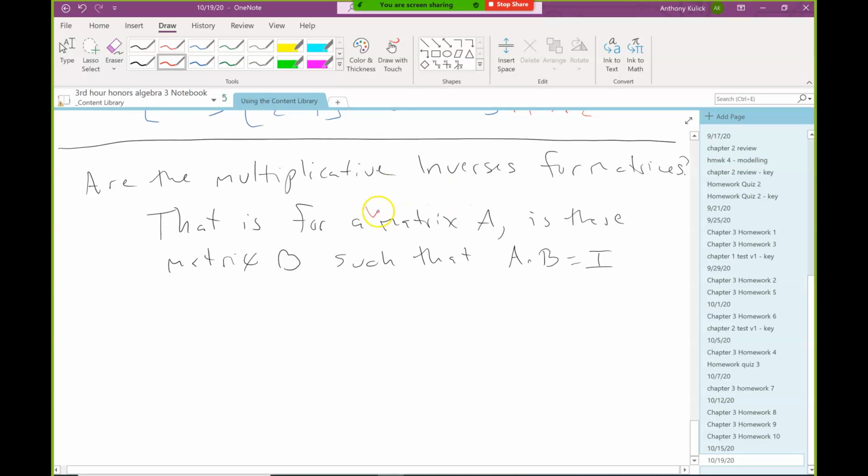So let's try to make this happen for a 2 by 2. Sound good? Okay. So I'm going to say, let's have the matrix, actually, let's use subscripts. That'll probably be easier to keep things straight.